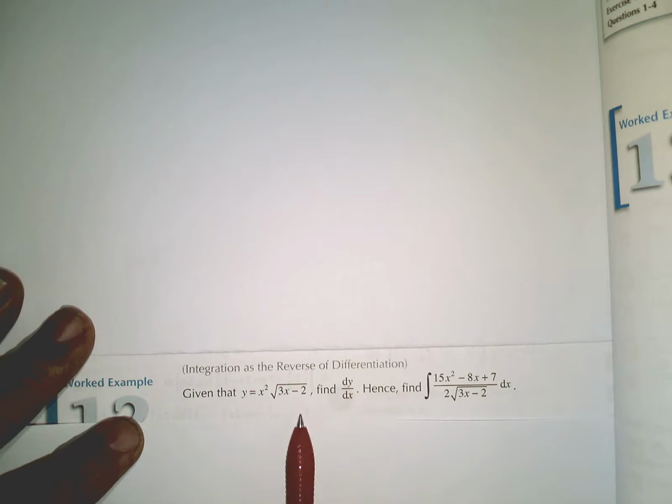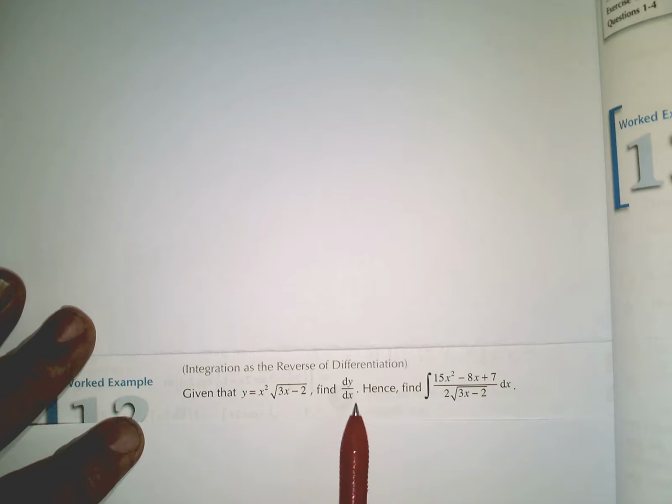Never panic about this final question, because as long as you follow the process here, then you can find this easily. It says given this, you just need to find this, and hence, meaning whatever your answer here, use that to find this answer here. So how are we going to do that?